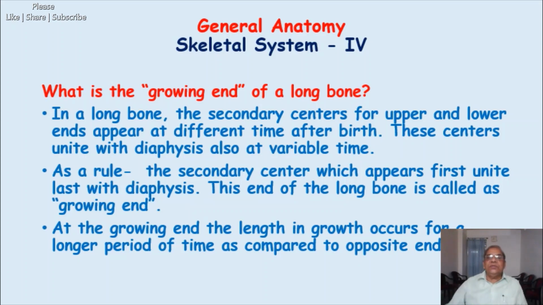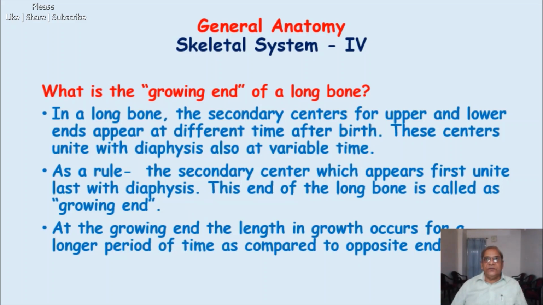Okay, so there is a rule, which is called the rule of the growing end. According to this rule, the secondary center which appears first, for any end, whether it is the upper end or lower end, or any other end in an irregular bone also, even if it is not a long bone, will unite last with the diaphysis.